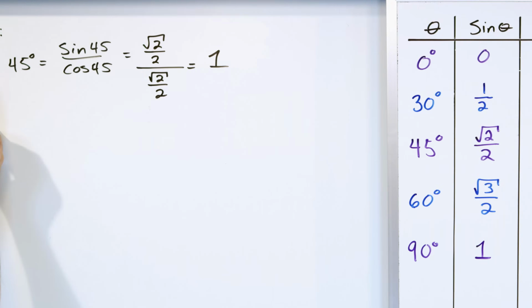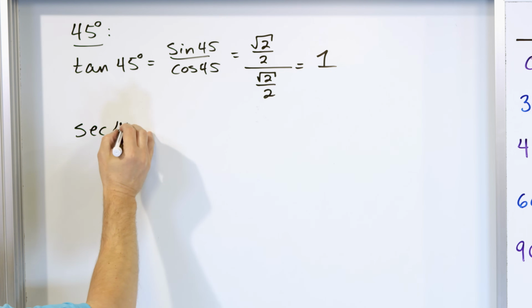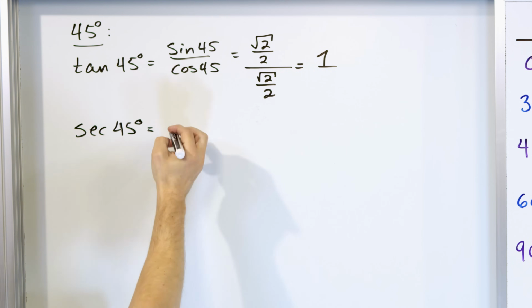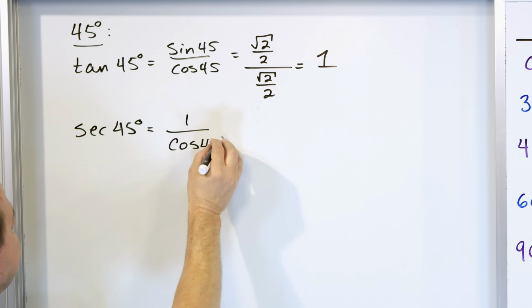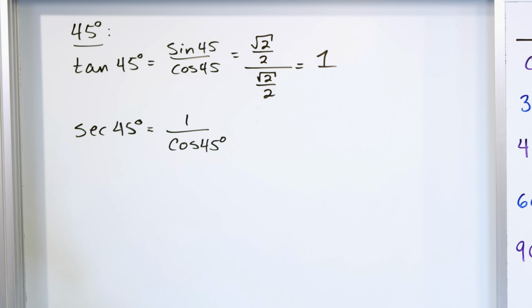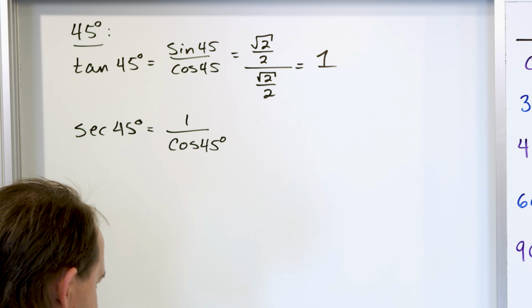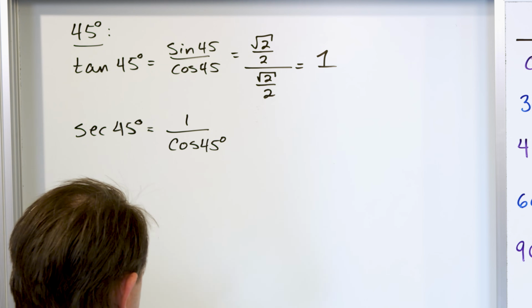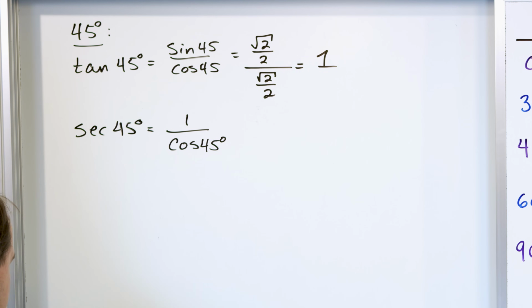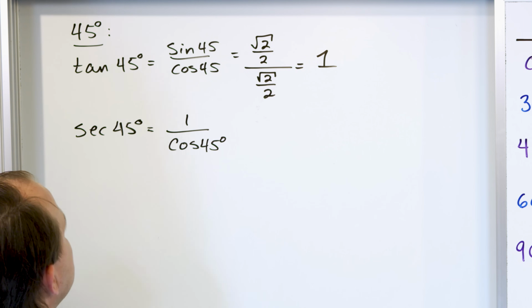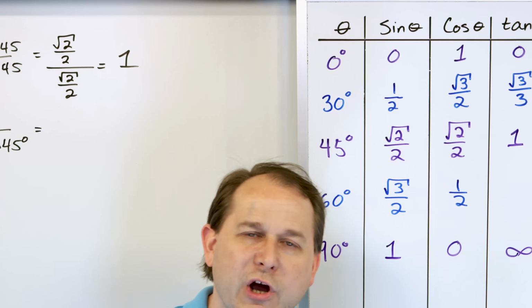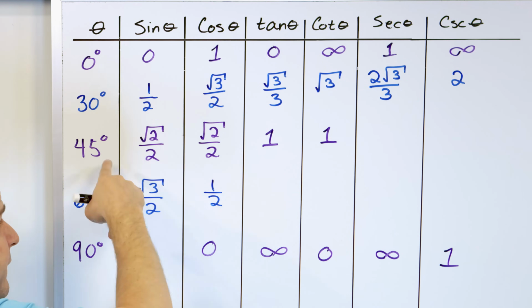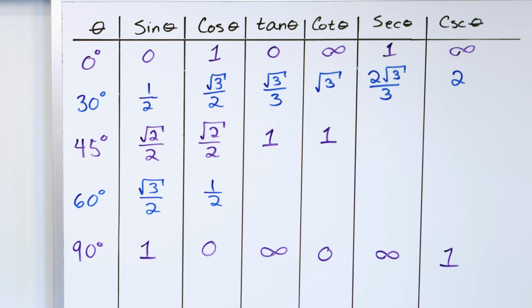What is the secant of 45 degrees? If you go back to that rainbow thing, you'll see that that's equal to 1 over the cosine of 45 degrees. Let me catch up to myself. Yes, 1 over cosine 45 degrees. So what do I have then? What is the cosine of 45 degrees? It is square root of 2 over 2, just like the sine.